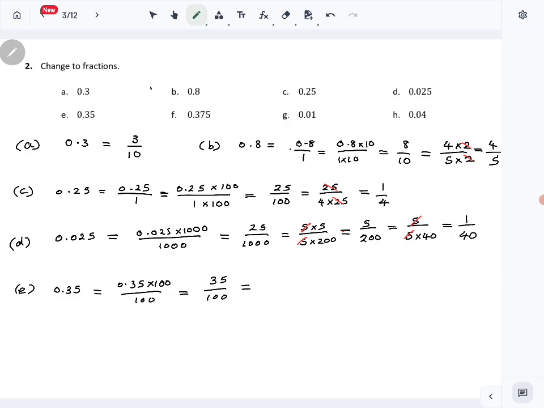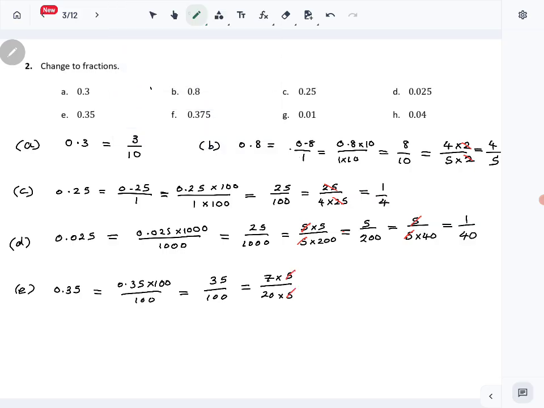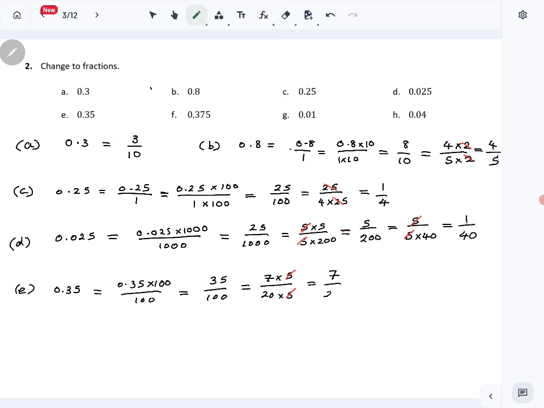Now simplify that fraction. So 35 is what? 7 times 5. 100 is what? 20 times 5. Right. So then I can cancel the 5s. So 7 over 20. Can we simplify it further? No. Right. Yes. So this is the simplified form. Right. Then let's look at the next one.